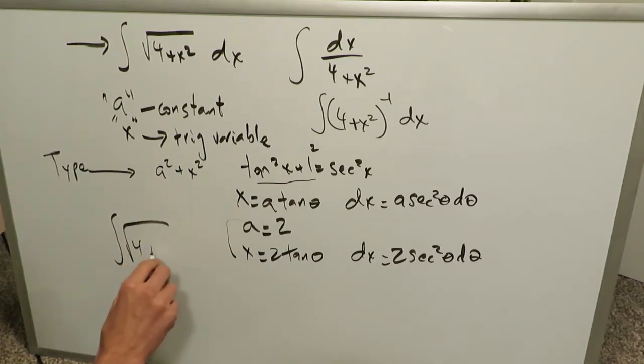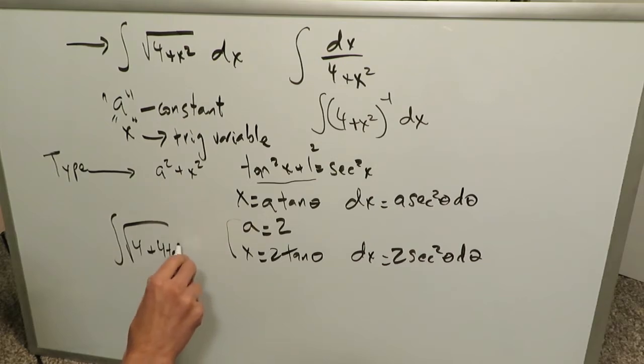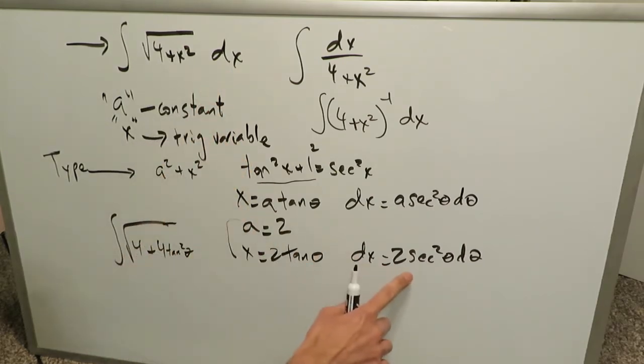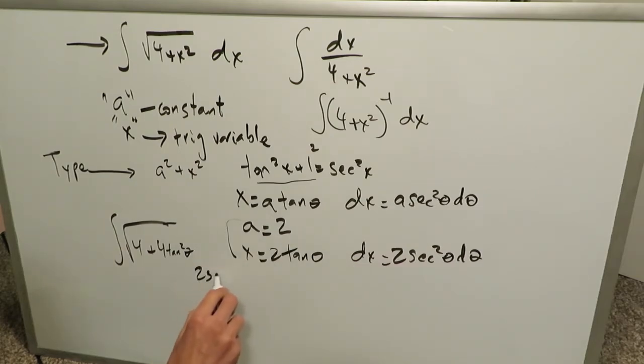We'll have 4 plus x squared, which will be 4 tan squared theta, and then the dx part right here will be replaced by this. I am out of space here, so I'm going to bring it down a little bit: 2 secant squared theta d theta. This part right over here still has to be isolated.